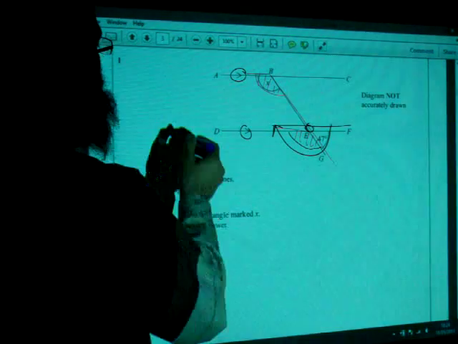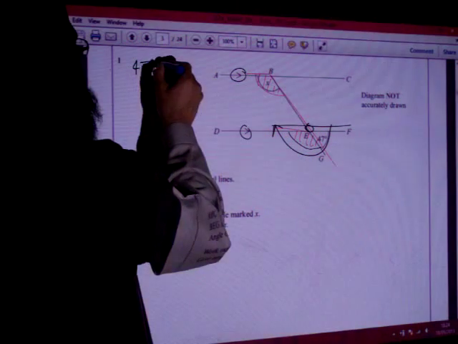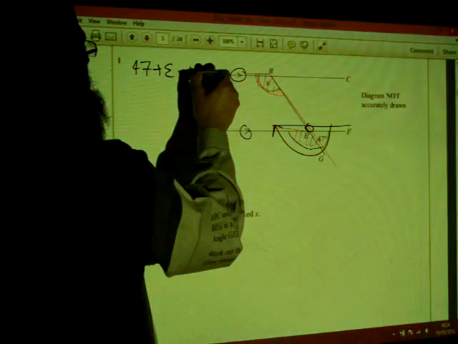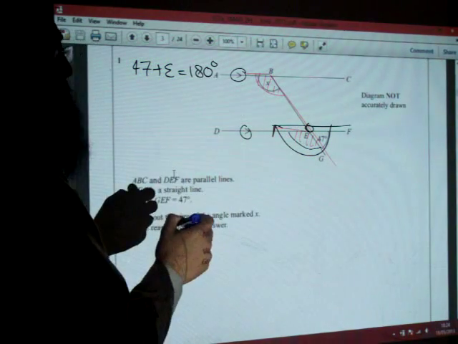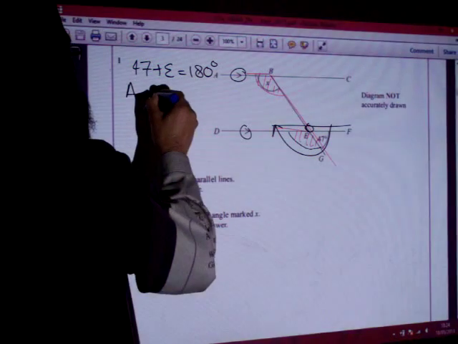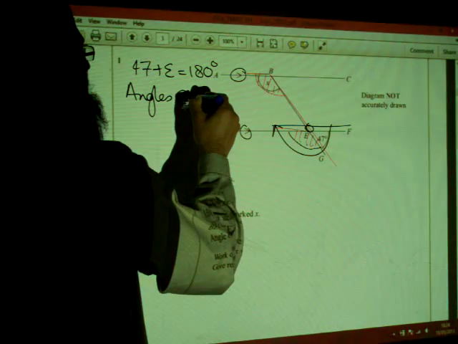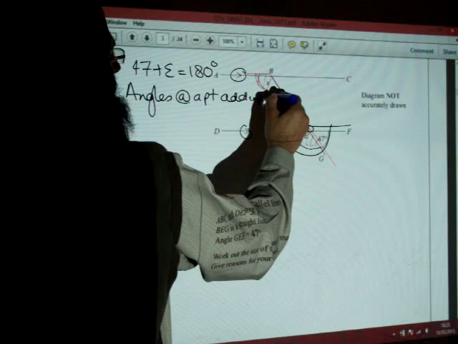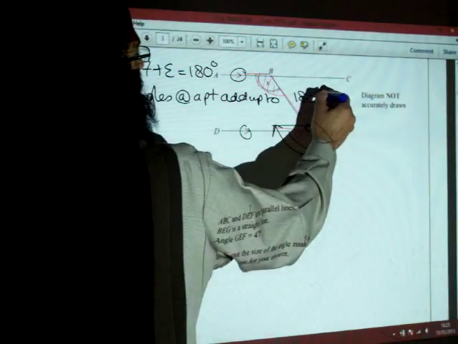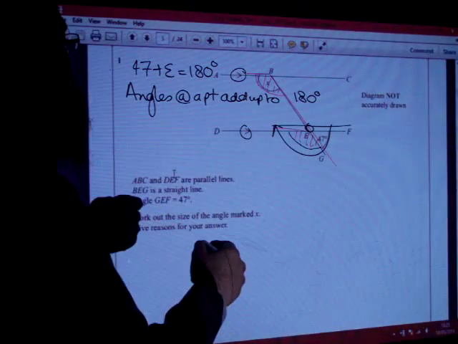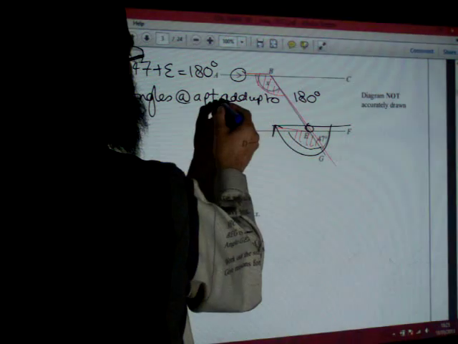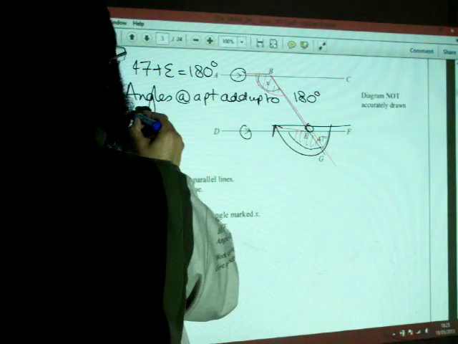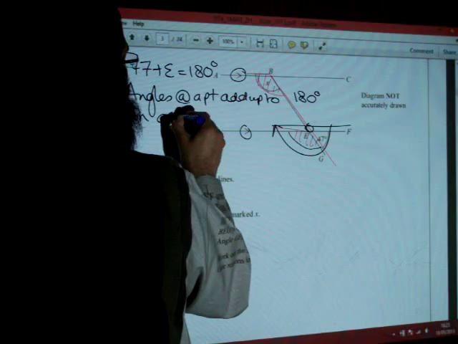Okay, folks, ready? So we say 47 plus E is equal to 180 degrees. Why is that? The reason is angles at a point add up to 180 degrees, on a straight line.